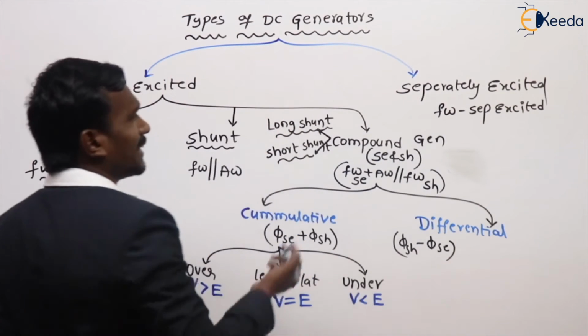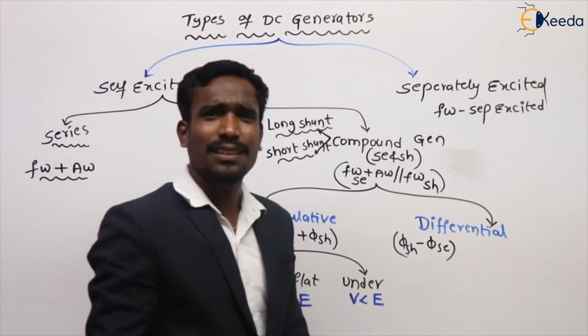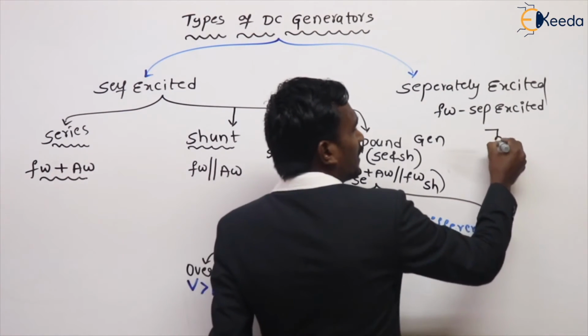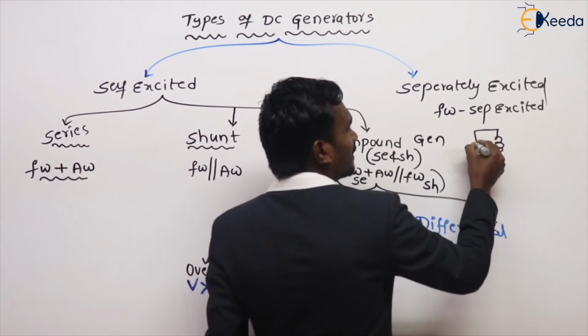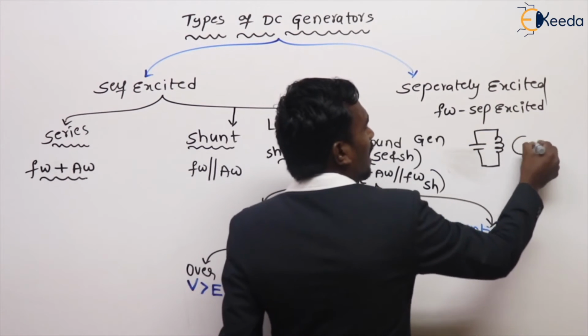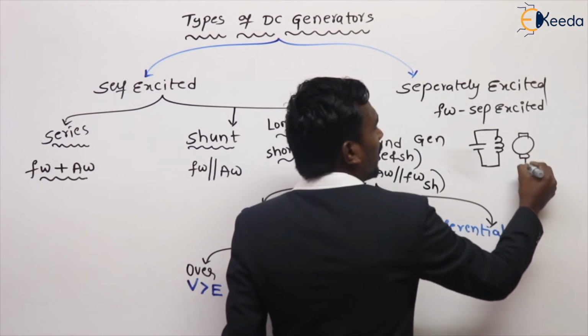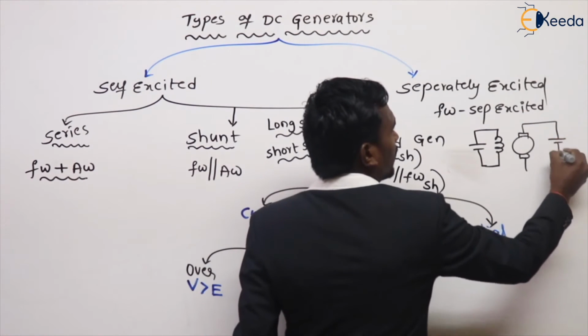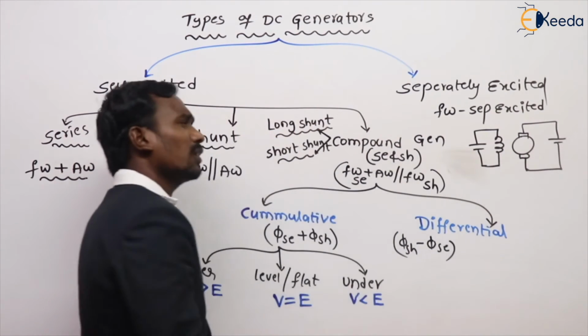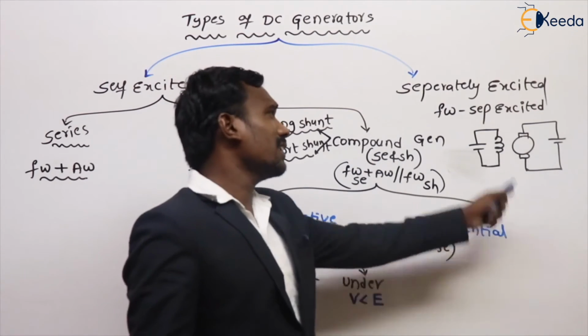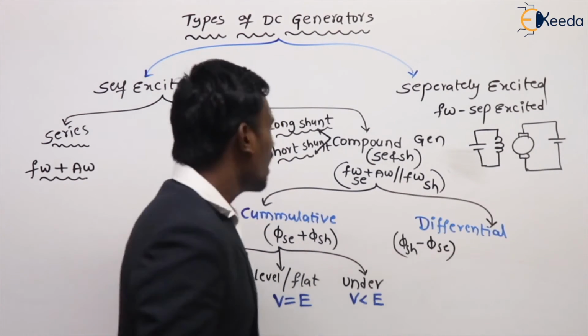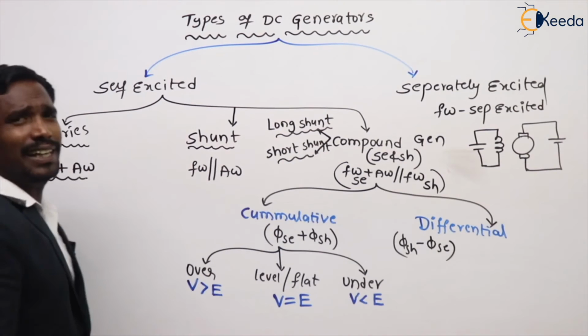In this, I said this is separately excited. Separately excited is nothing but the field winding excited separately like this, and this is the armature which is connected to bus bars or load etc. That is separately excited. And this is the series generator.